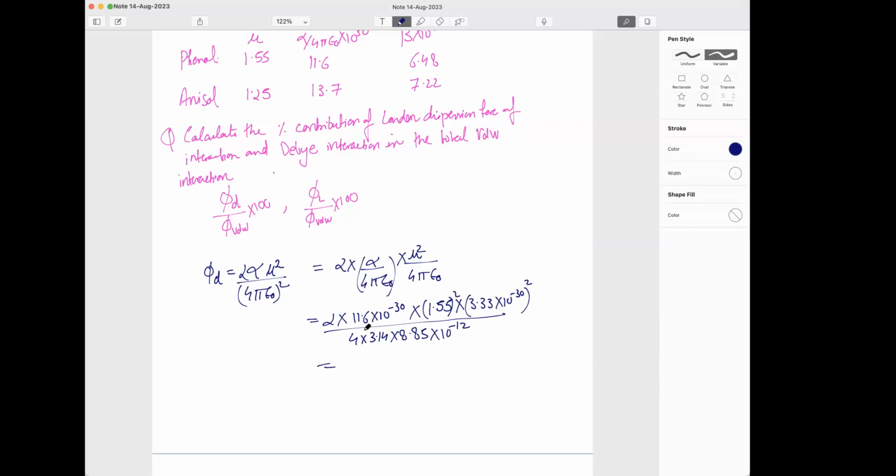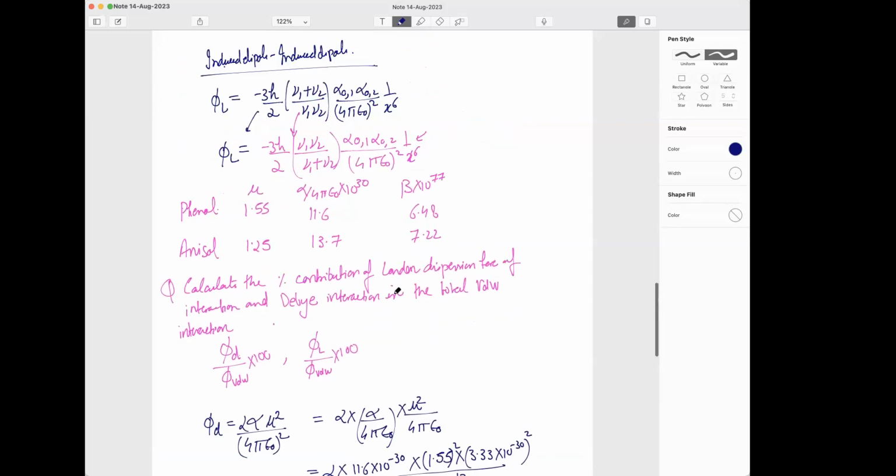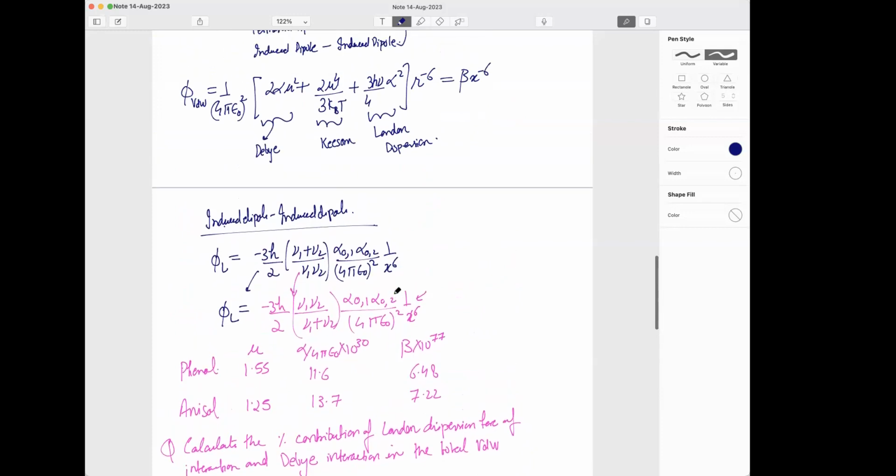Is this the way you tried? Yeah. Okay, then it will be divided by beta, no? Divided by the beta value, that is 6.48 into 10 raised to minus 77, no? Where is the beta? This one, no?